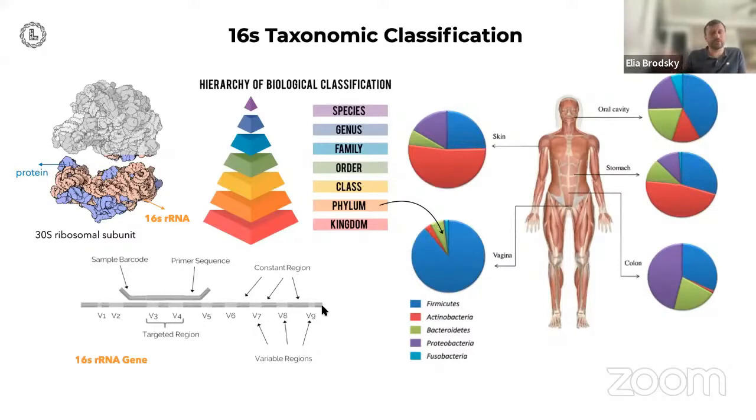But with Illumina sequencing, which is the most reliable and cost-effective in this case, you can see that the primer sequence has to be designed for specific target regions. Different combinations of these hypervariable regions are used for the actual sequencing. Sometimes it's just V3, sometimes just V4, sometimes V3 and V4 together. Sometimes you can add another one of these hypervariable regions.